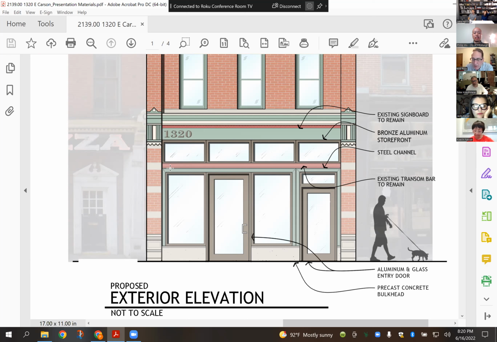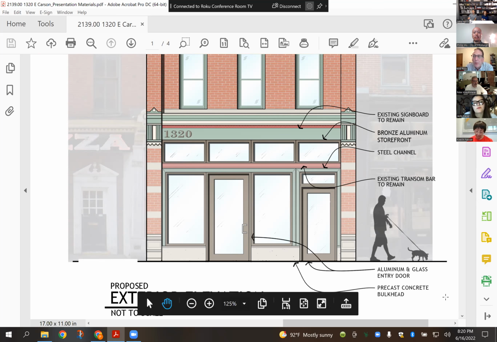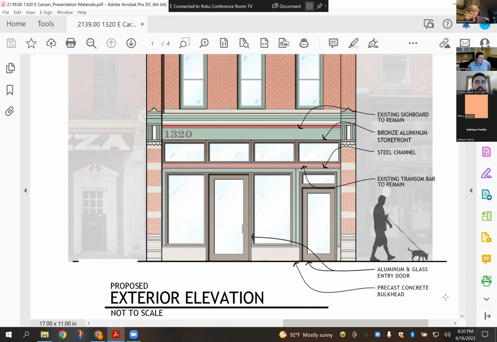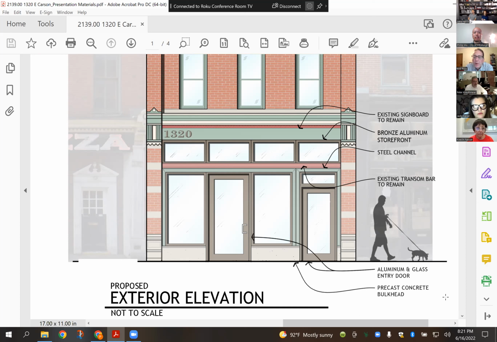When everything else is lost, this is a contributing building, meaning it's a perfect example of what the East Carson Street District represents. Turn of the century architecture, first floor commercial, upper stories probably residential at one point. This kind of three-part storefront, we call it, with the upper transom, the larger middle display windows, and then a base here rendered in precast concrete is very typical of the era.